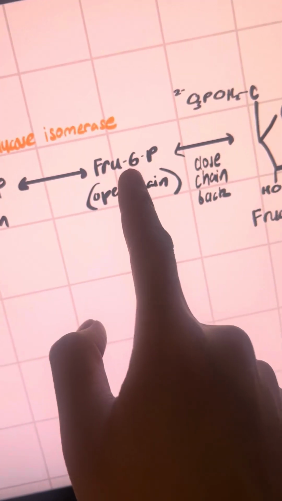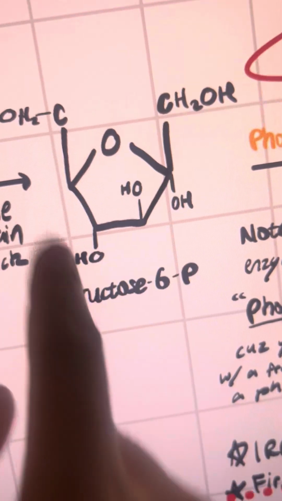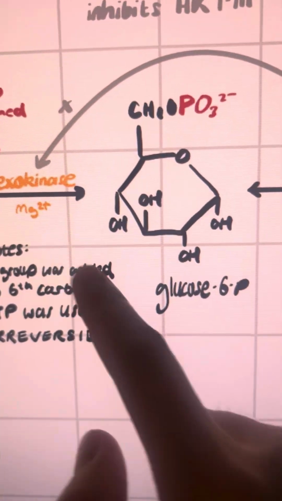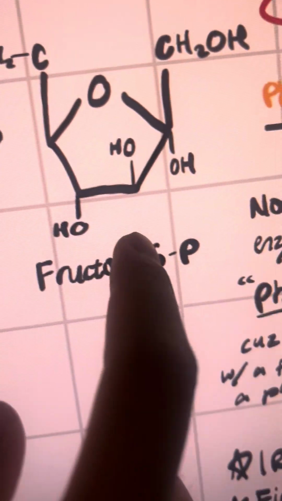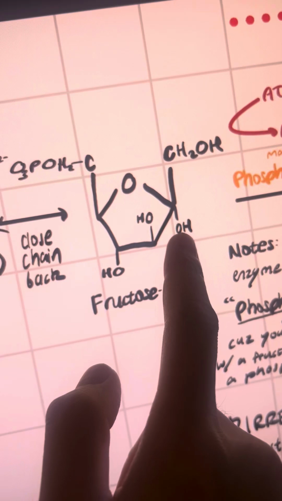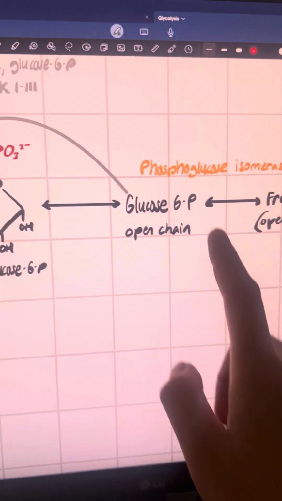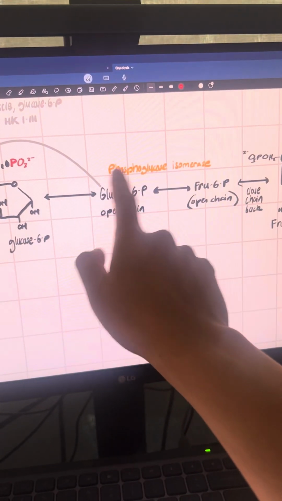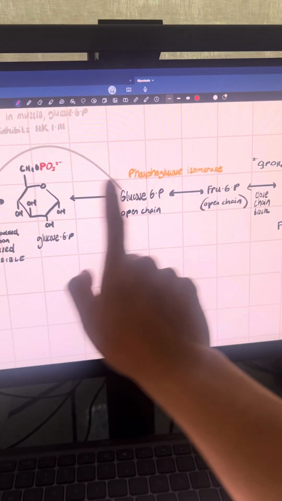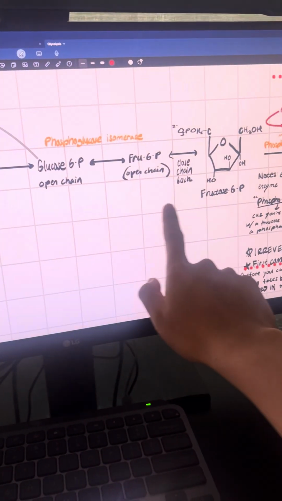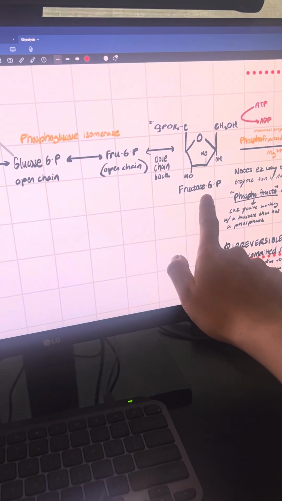You're gonna open it up, change it to fructose 6-phosphate, and then you're gonna close it back. And this is your new structure. See the difference? Here it's like a hexagon, and here it's like a pentagon. Still the same molecules though. Okay, and the enzyme that does this is phosphoglucose isomerase, from glucose 6-phosphate to fructose 6-phosphate.